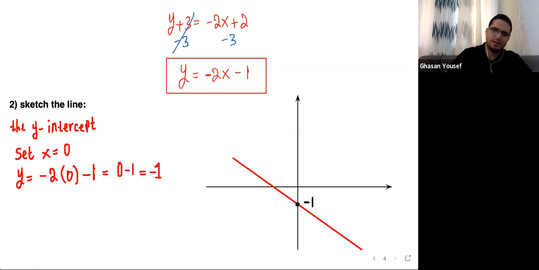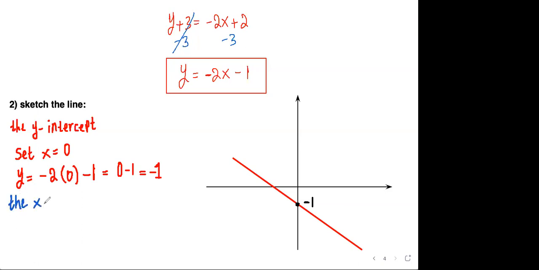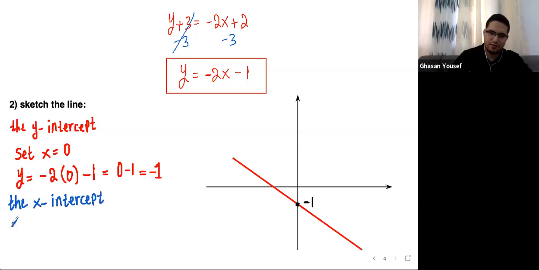Now, what is my x-intercept? The x-intercept is right where it crosses the x-axis. Or you can plug in 0 for y to find the x value. Exactly. So set here the same idea as before, y equals 0.